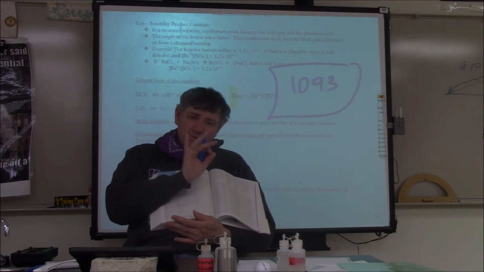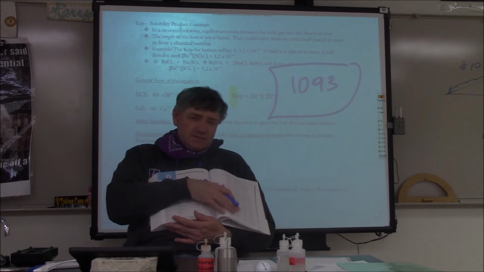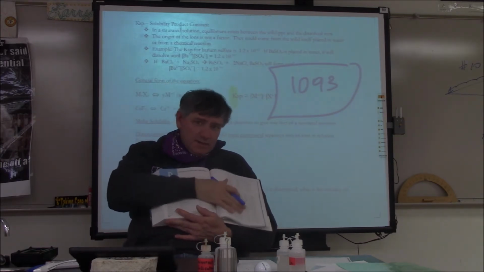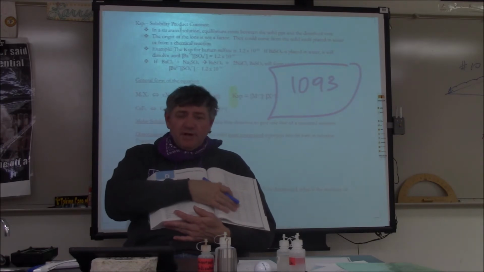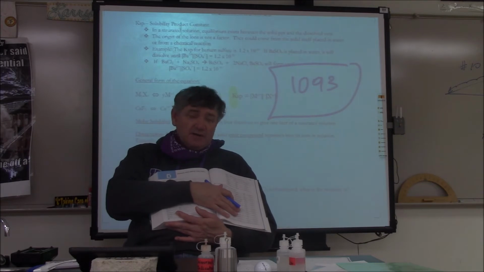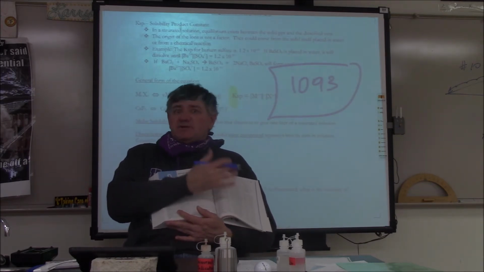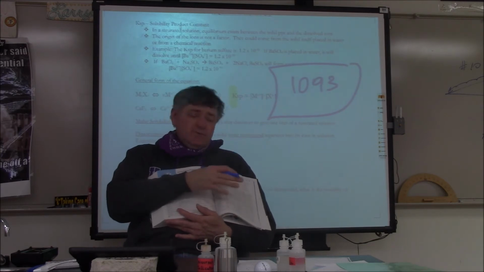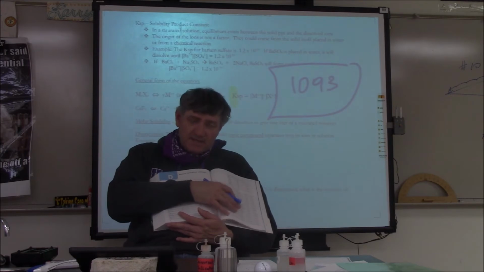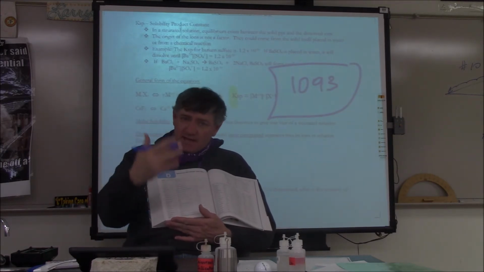So here's what's important. You only have KSP values for things that are insoluble. If things are soluble, you won't find this. For example, you will never find the KSP, the solubility product, of sodium nitrate. It's not here because sodium nitrate is very, very soluble. Same thing is true for Ka values.